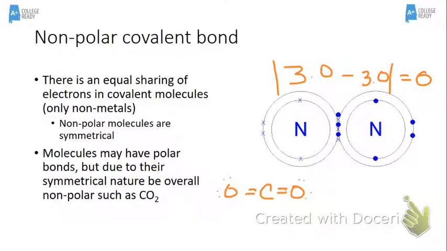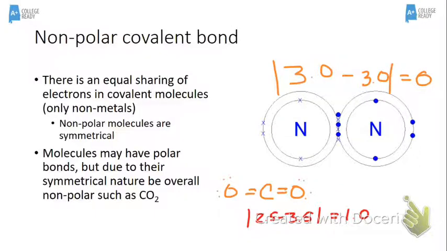which looks like this. If we were to take the electronegativity difference of these two, we'll actually see that we will have a polar bond. So oxygen is 3.5, and carbon is 2.5. And if you take the absolute value, you get 1.0.